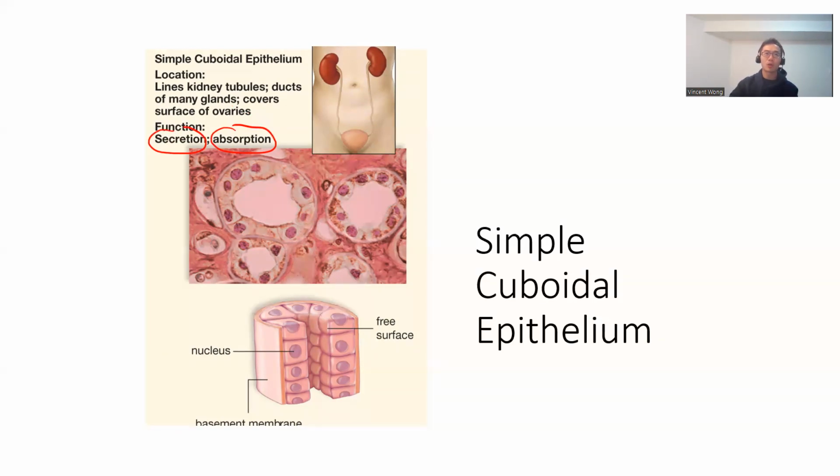They are kind of like crazy straws. Okay, it's a hollow tube that's all twisted up, and they help absorb things and secrete things, and ultimately these two processes allow you to filter the blood and make the urine. Okay, and the cells that form these tubes are the cuboidal cells, and you only have one layer of them.